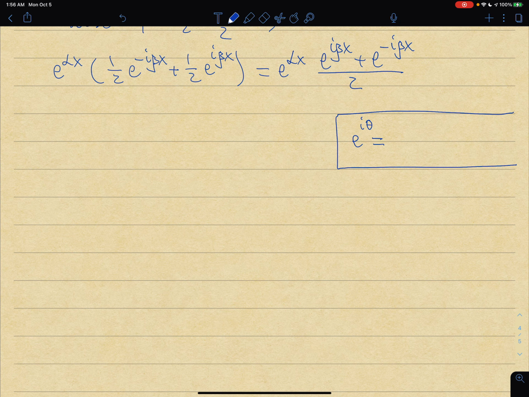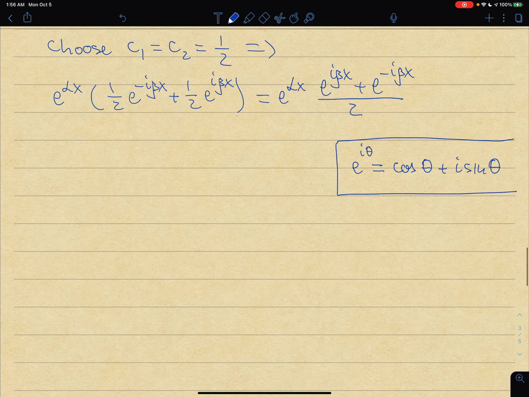It looks funny, but it is true. So e to the I theta, this is so-called Euler formula. E to the I theta is equal to cosine theta plus I times sine theta. So in terms of complex numbers, it turns out that exponentials and trig are related.